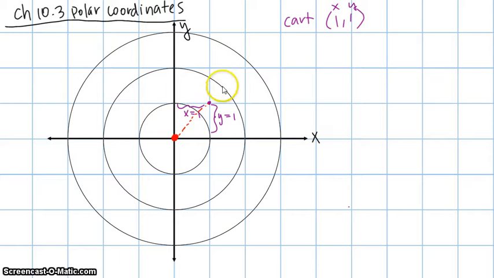Now, how do we determine the distance? Well, that's just by the radius, right? So this would be a radius of 1. Over here would be a radius of 2, right? Radius of 3, this way, okay? And then, of course, you need to know some sort of an angle. What's the spin?